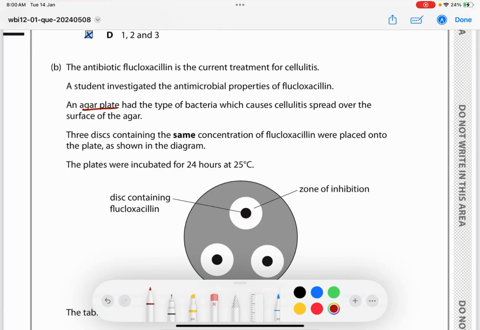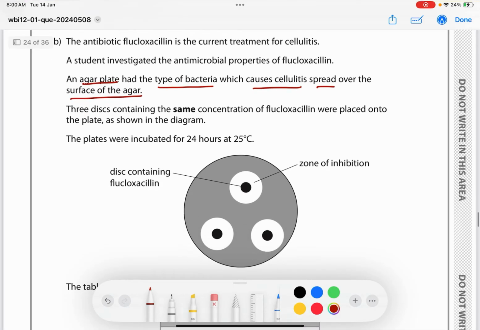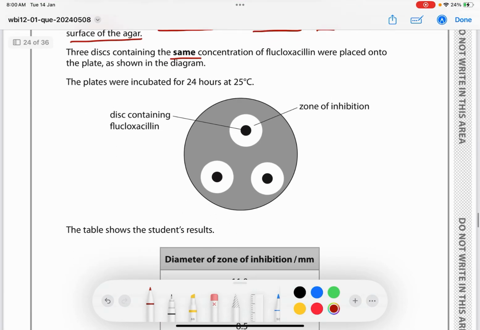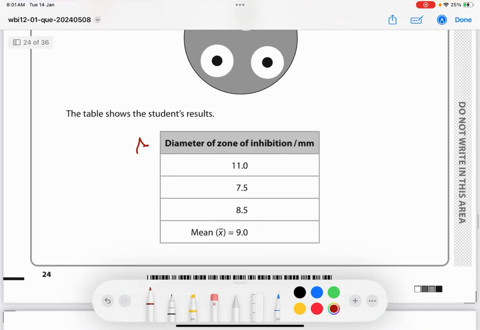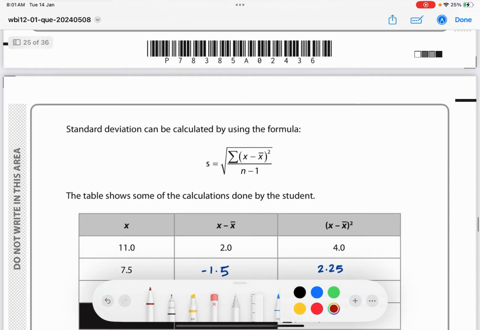An agar plate had the type of bacteria which causes cellulitis spread over the surface of the agar. 3 discs containing the same concentration of flucloxacillin were placed onto the plate as shown in the diagram, incubated for 24 hours at 25 degrees Celsius. Okay, here we have the zone of inhibition, and the disc containing the antibiotic. So the table shows the results.